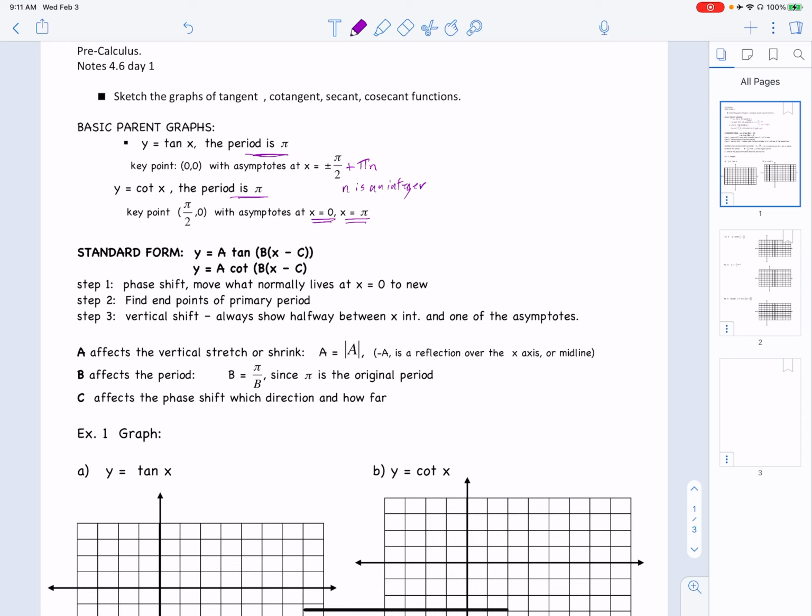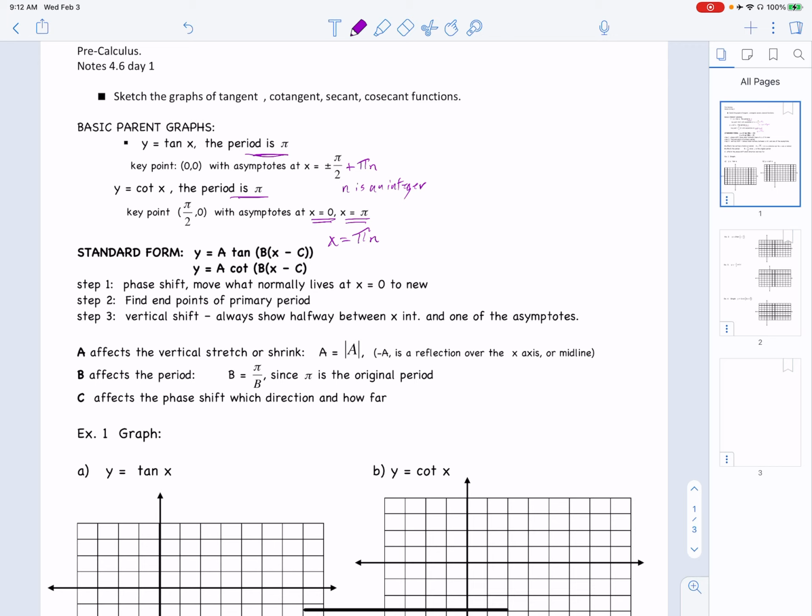With cotangent, because one of them is at 0, the next one's at pi, the next one would be at 2 pi, the next one at 3 pi, or if I go in the other direction, x equals negative pi, x equals negative 2 pi, x equals negative 3 pi. They're multiples of pi. So again we can write it as pi times n.